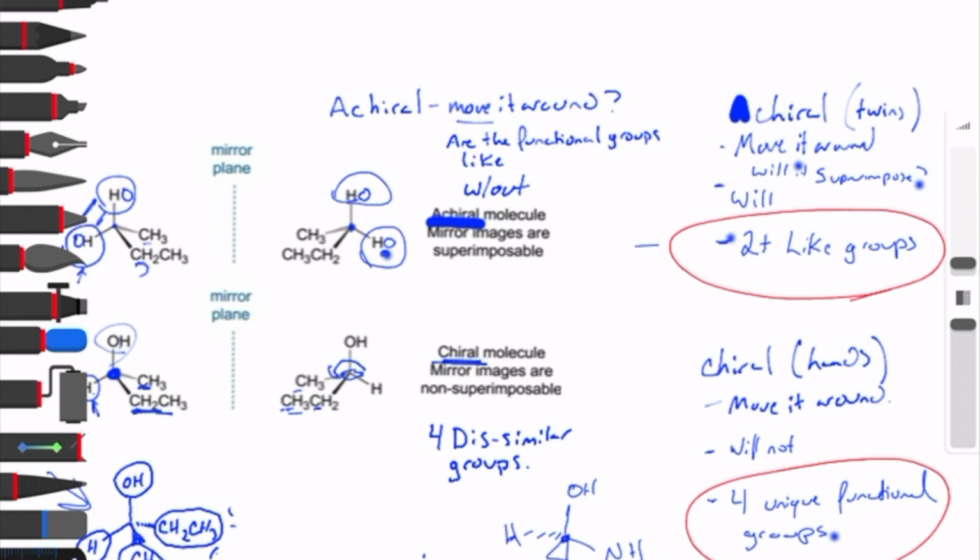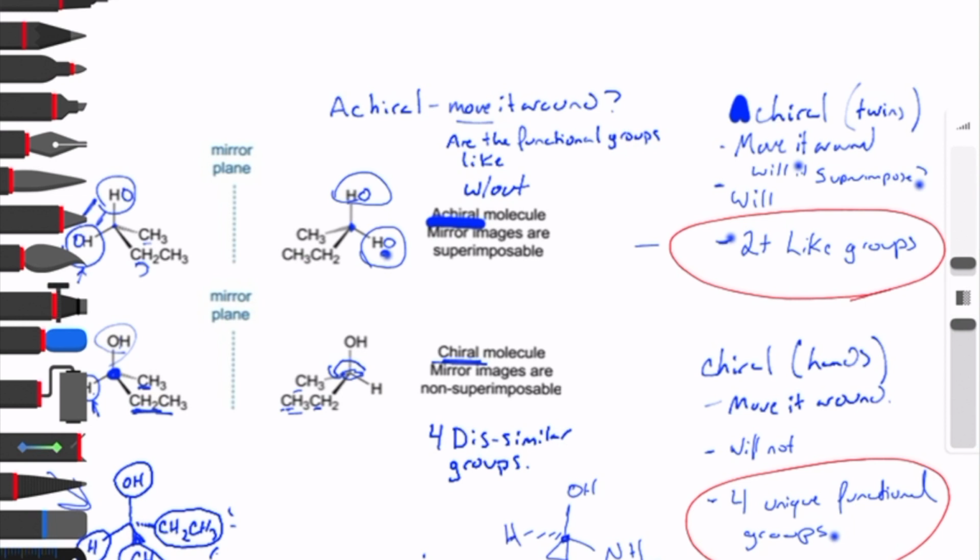Do you see the 2+ groups that are alike? If you do see those 2+ groups that are alike, I'd say play around with it in your mind, or even write it out on the paper, right? And try to superimpose another molecule of it. Can you make it fit onto itself?